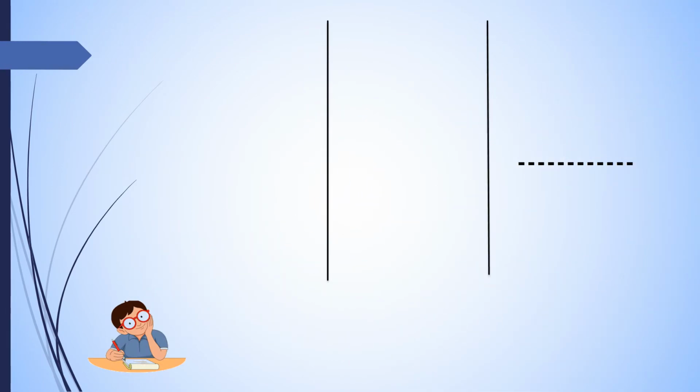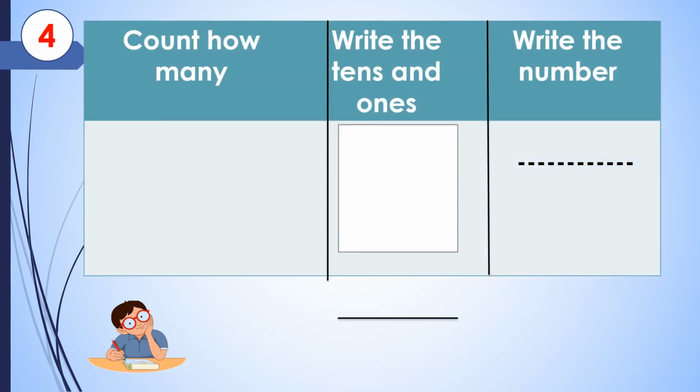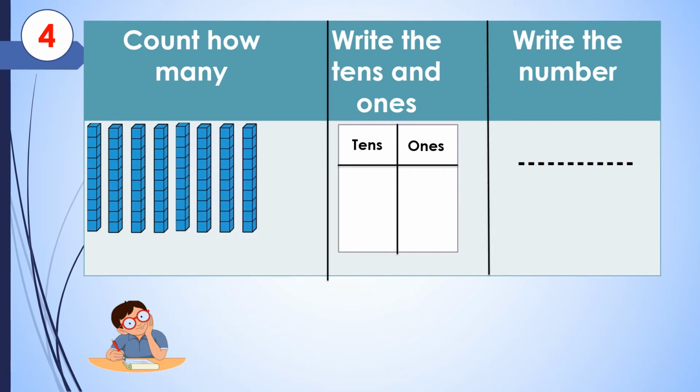Number 4, tens, ones. We have 1, 2, 3, 4, 5, 6, 7, 8. How many tens? 8. 8 tens equal 80.